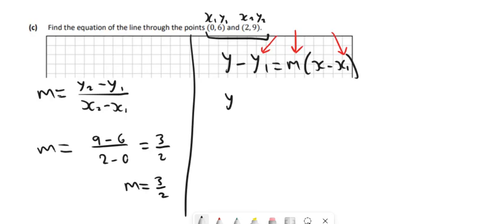So then y minus, you can use either of the points, we'll just use the first one because that's what we labeled them. So y minus 6 is equal to 3 over 2 times x minus 0.